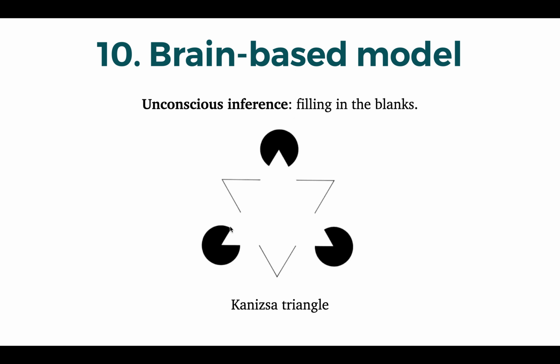It's because of the unconscious inferences that our brain is making about what happens when you have two lines that are obstructed by an image and seem to continue behind that image. So this is good continuity. We assume there's an entire triangle behind here being obstructed by a triangle here. The gestalt of this situation allows us to make an unconscious inference about what is going on in our environment.